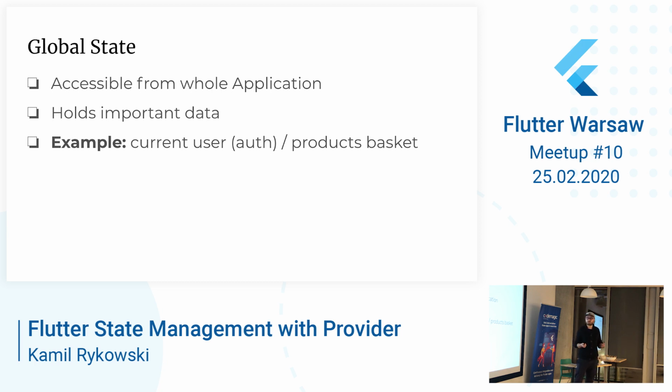If so, that's probably a global state, because I need to share this state with other routes or other widgets. So it's good practice to store it globally. A good example is the currently authenticated user. After the user signs in, in the previous example from the local scope, I'm putting the current user in the global scope, so I can access this particular object in any route.